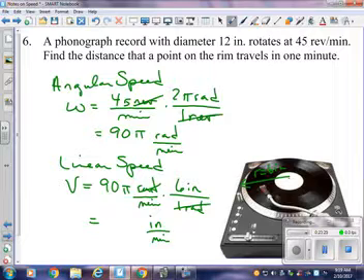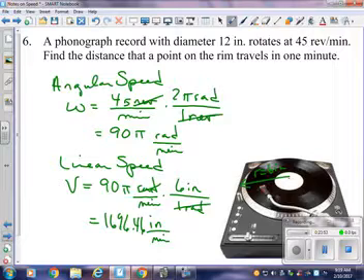Now it asks us to find the distance the point traveled in 1 minute. This is the speed at which it's traveling. So we can do 90 times pi times 6 and get 1696.46.